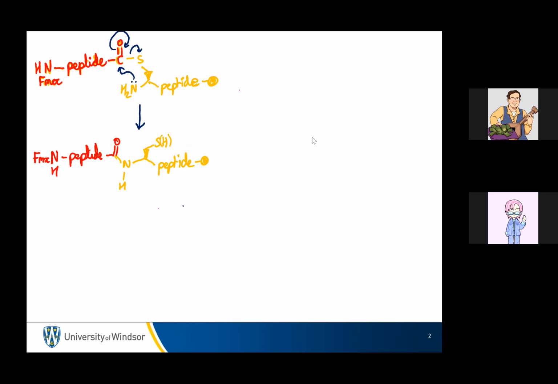I can summarize it by saying there are cysteine-free alternatives to native chemical ligation that use serine or threonine instead.